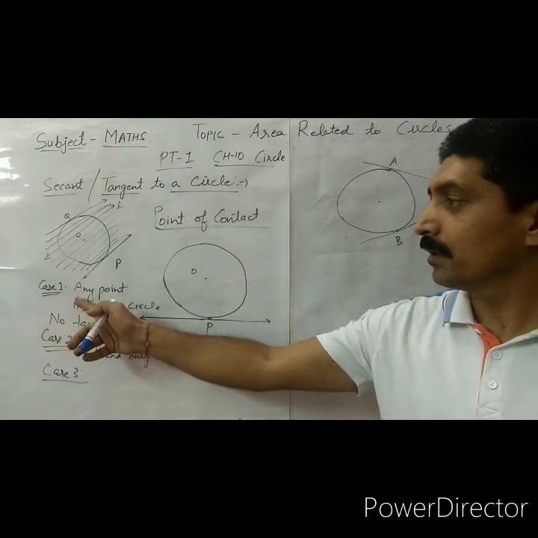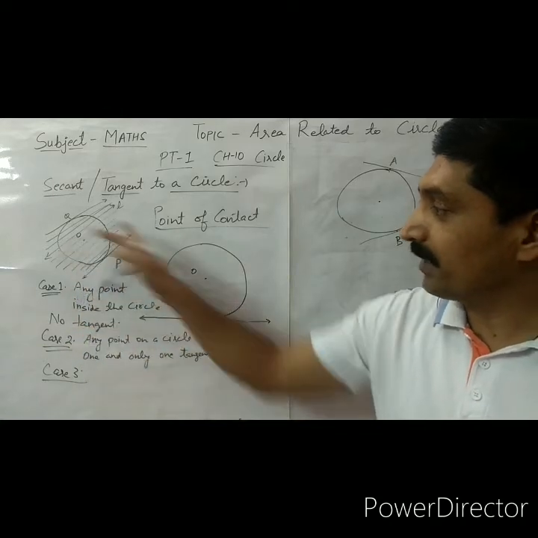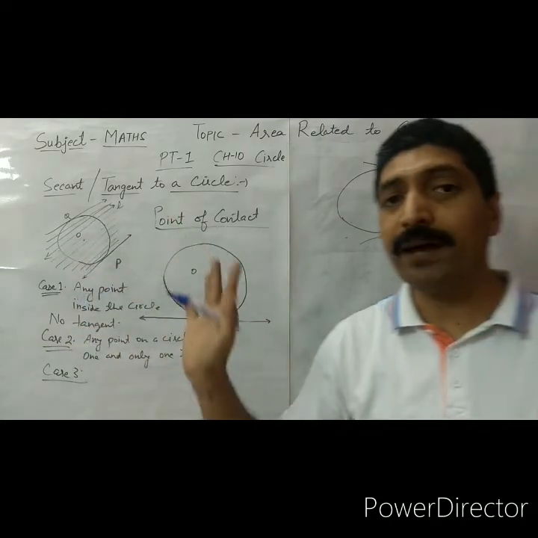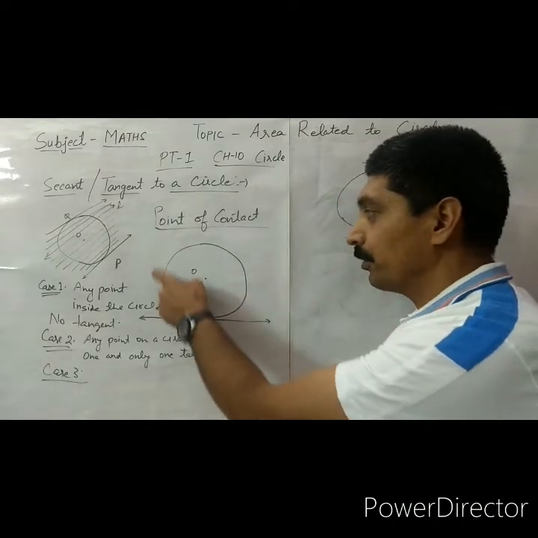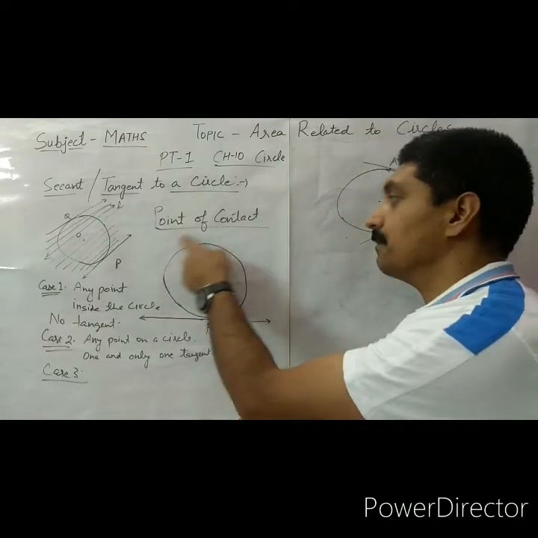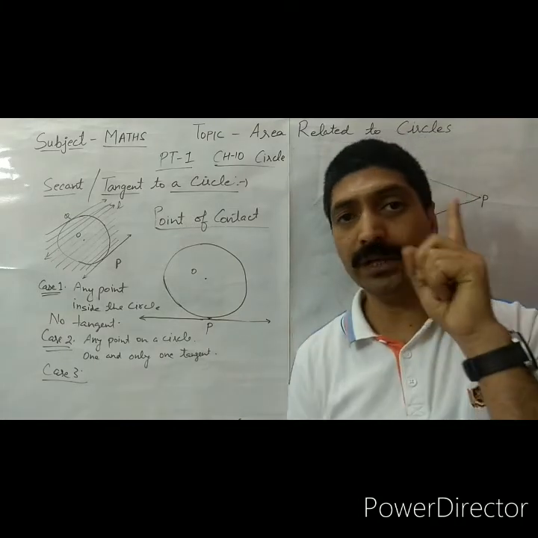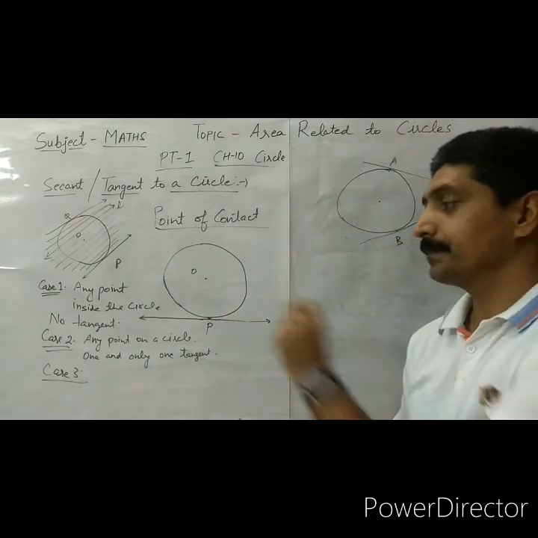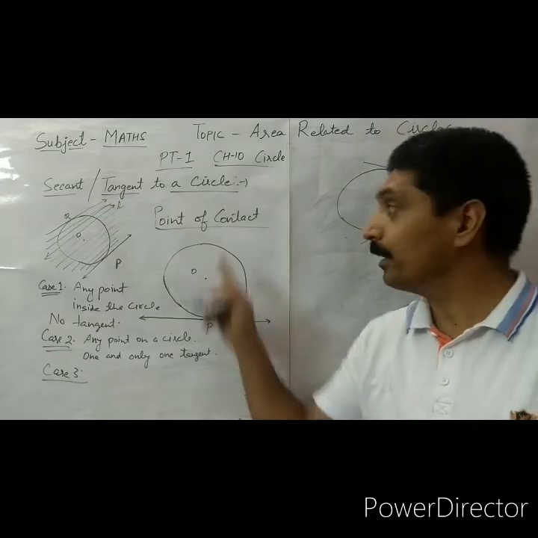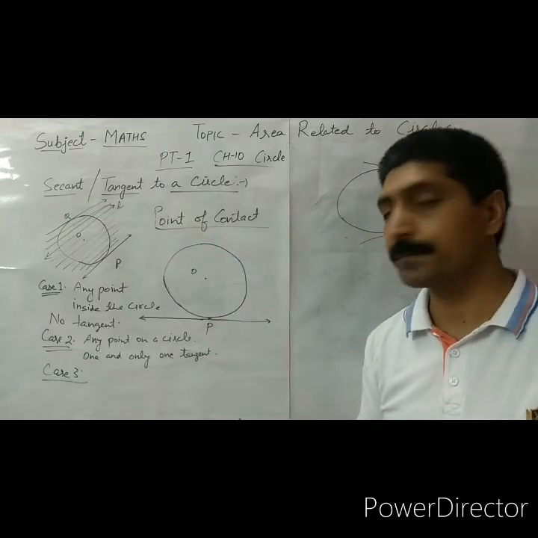Case 1, any point inside the circle, we don't have any tangent. Case 2, any point on the boundary or on the circumference of the circle, we have only one tangent from that point, and the point is called the point of contact.